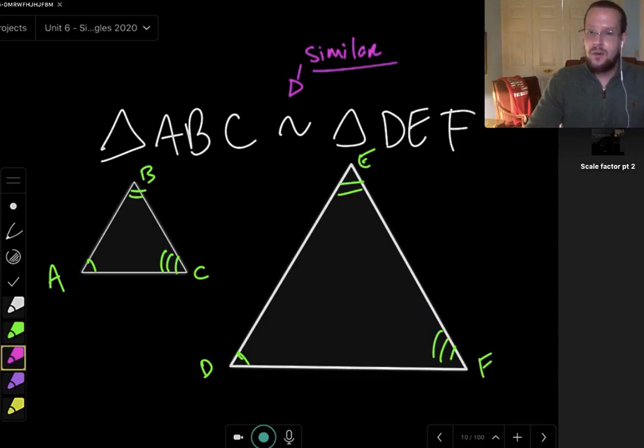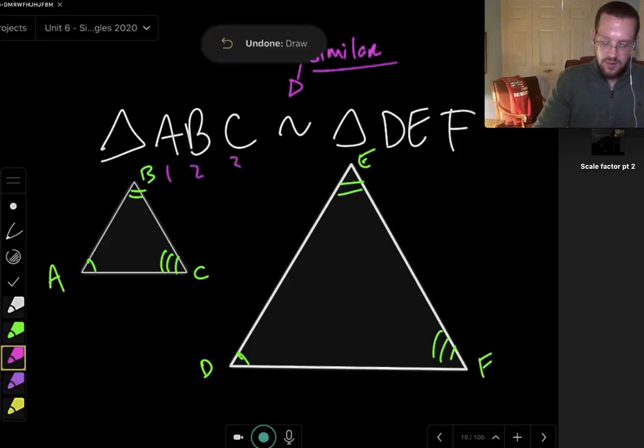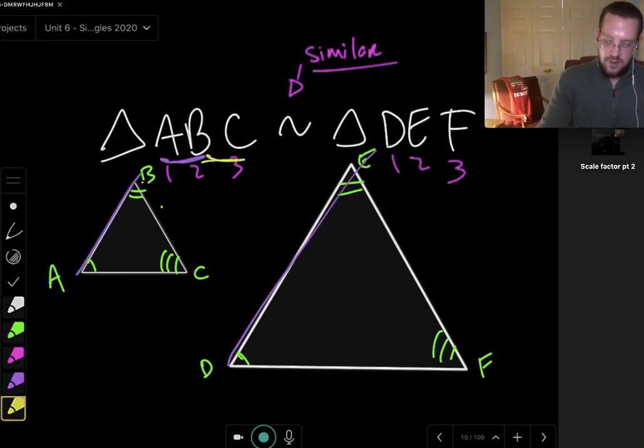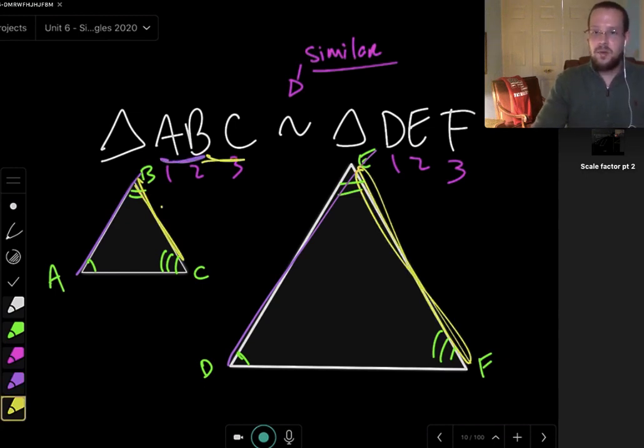And while they're not congruent, they still have corresponding sides, which is what we saw last time. You can even think of this as 1, 2, 3, 1, 2, 3, and it's very simple to identify them. 1, 2, this one, 2, 3, that one, and then my remaining side is 3, 1 or 1, 3.